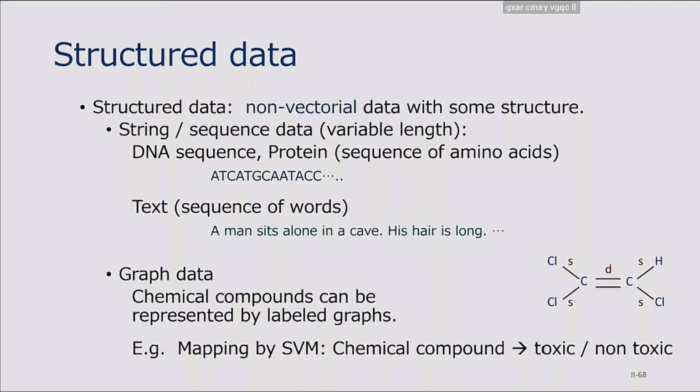Okay, so the typical structured data are strings. A string is a sequence of some alphabet. A typical example is language, but language processing uses many clever techniques. So the typical application is a DNA sequence or RNA sequence or protein sequence.